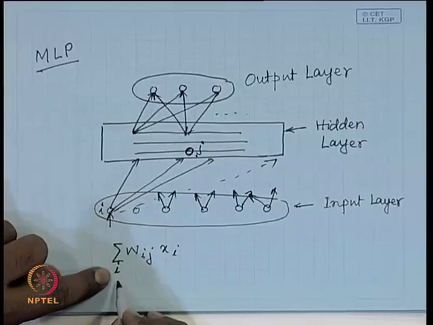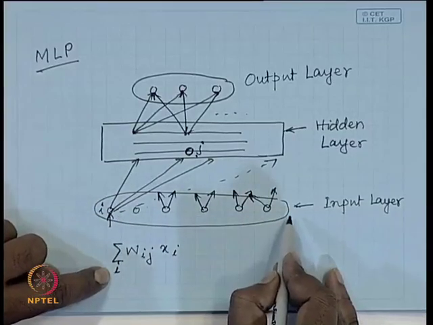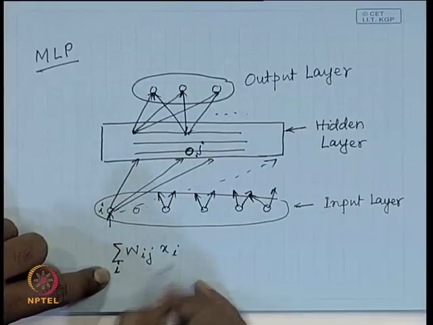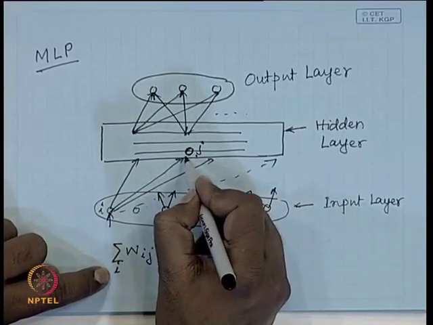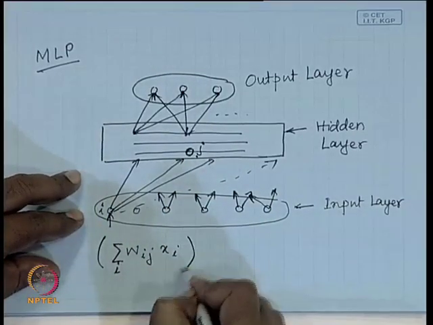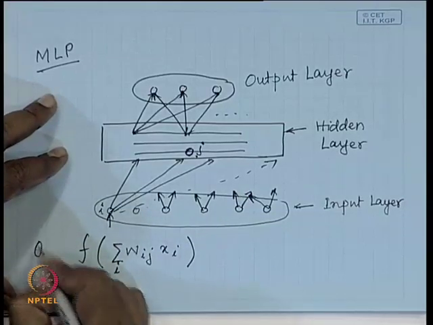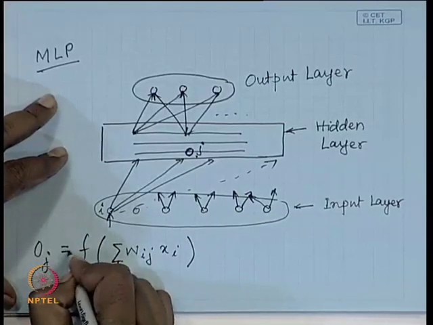So, this i corresponds to the ith node in the previous layer. This is the total input to this jth node. Then you apply a nonlinear function f over this, and this gives you the output of the jth node, which is Oj.